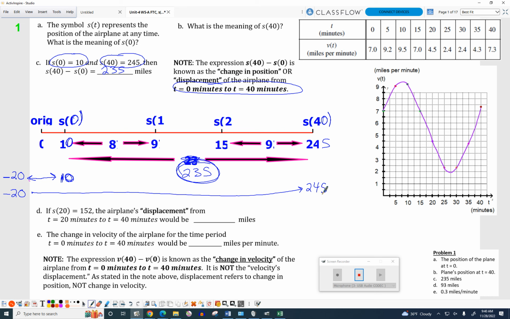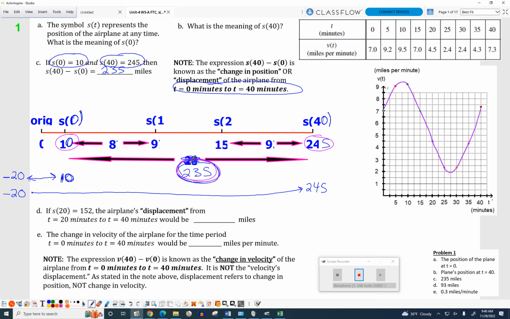Okay, this is not a trick question. I just want to make sure you're following along. In the second example, raise your hand, don't say it out loud: what was the plane's displacement? Displacement simply asks, how different is one position from another? In the first example, the plane started at location 10 and ended up at location 245, so the displacement was 235 miles.